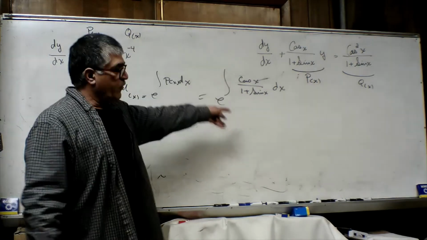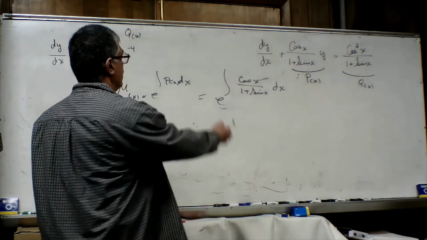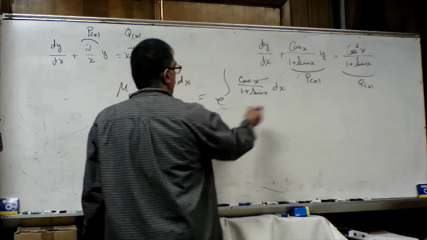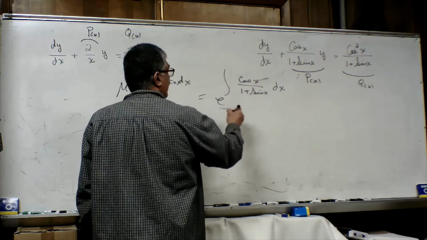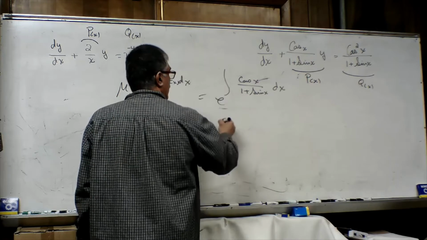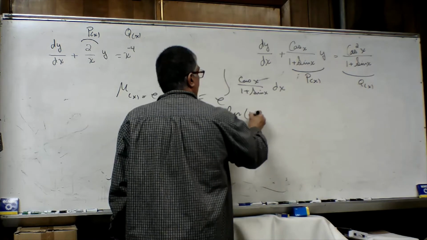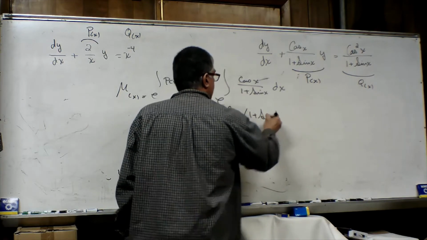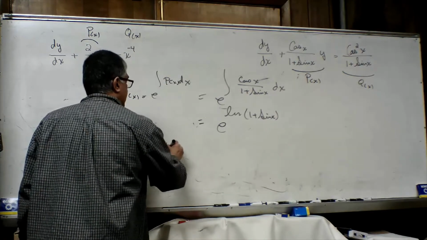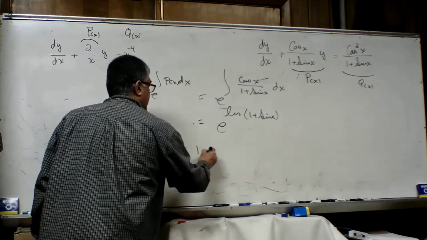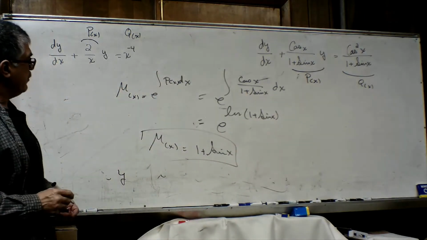So again, if we look at the integration formulas, this will be equal to e to the power natural log of 1 plus sine x. So our mu(x) will be equal to 1 plus sine x. So this is our integrating factor.